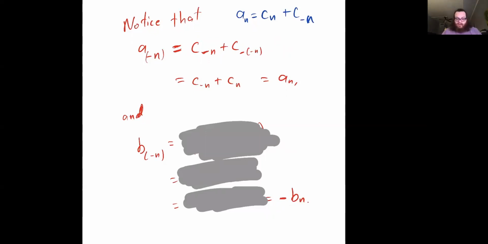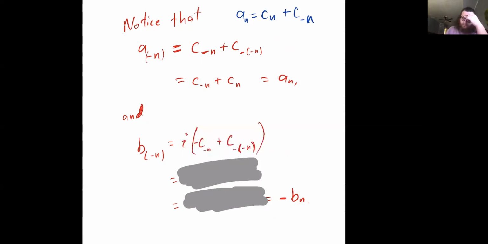And this is the case. How does this go? Well, recall that b sub n was i times minus c sub n plus c sub minus n. Or if you want to rewrite this so that the signs are a little more pleasing for the eyes, something like that.